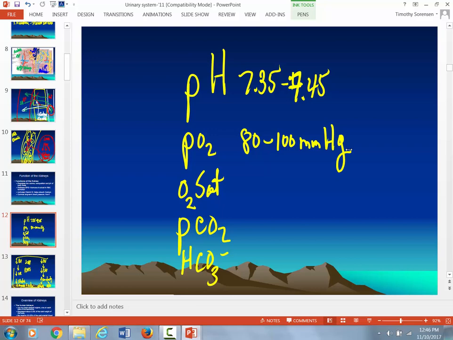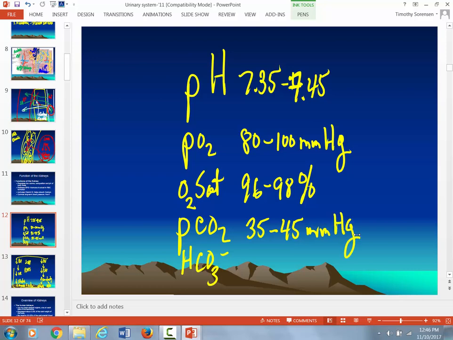What's normal oxygen saturation of a red blood cell in the arterial end? And PCO2, normal arterial levels of PCO2 are 35 to 45 millimeters of mercury.